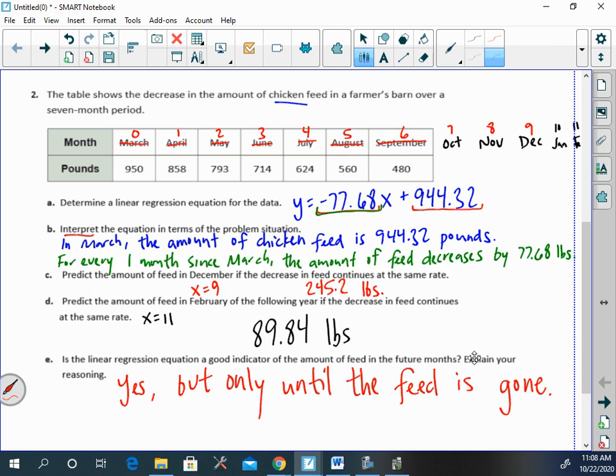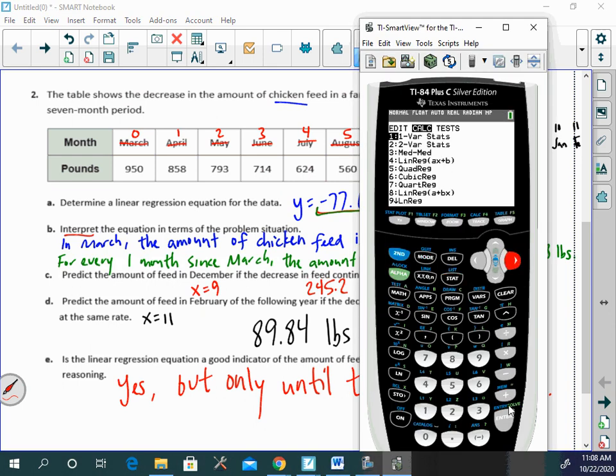And why is it a good indicator? If you look at our R value, if you do this linear regression again, I did the wrong thing here. Okay, if I go STAT, over to CALC, down to linear regression, remember that R value? That R value tells us how strong it is.